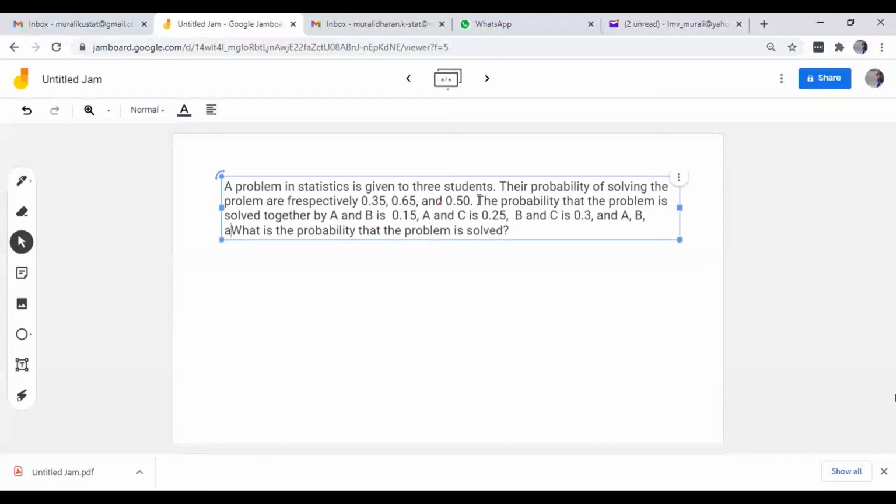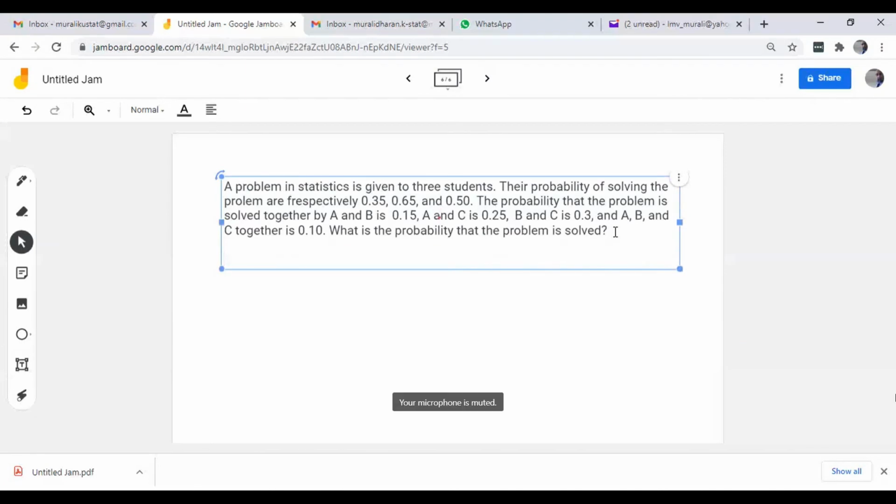So please note the change in the question. The first question and second question may have a considerable difference. Here the situation is like that. A is independently solving a problem, B is also trying independently, C is also trying. It's possible that A and B together can get the solution.